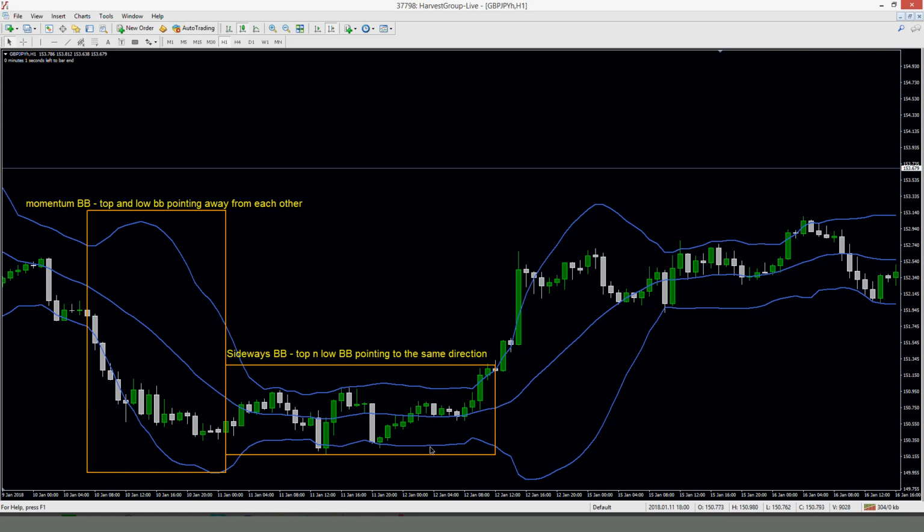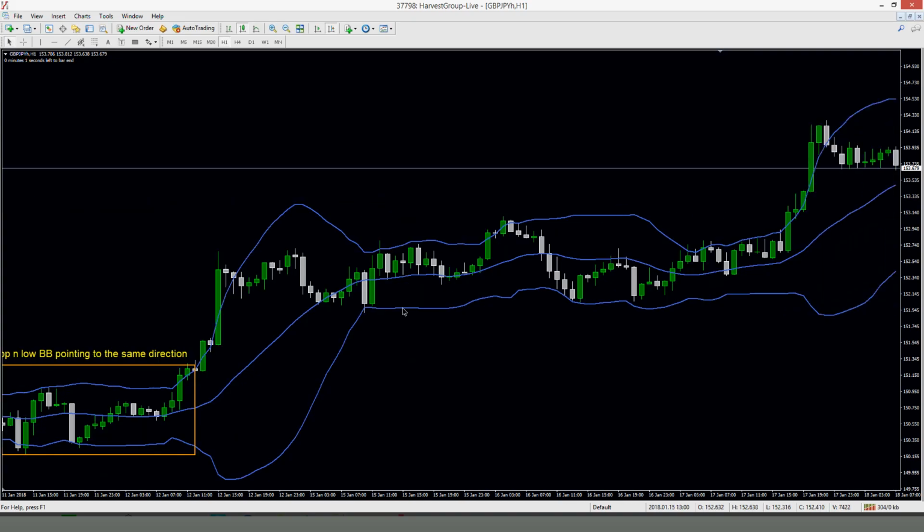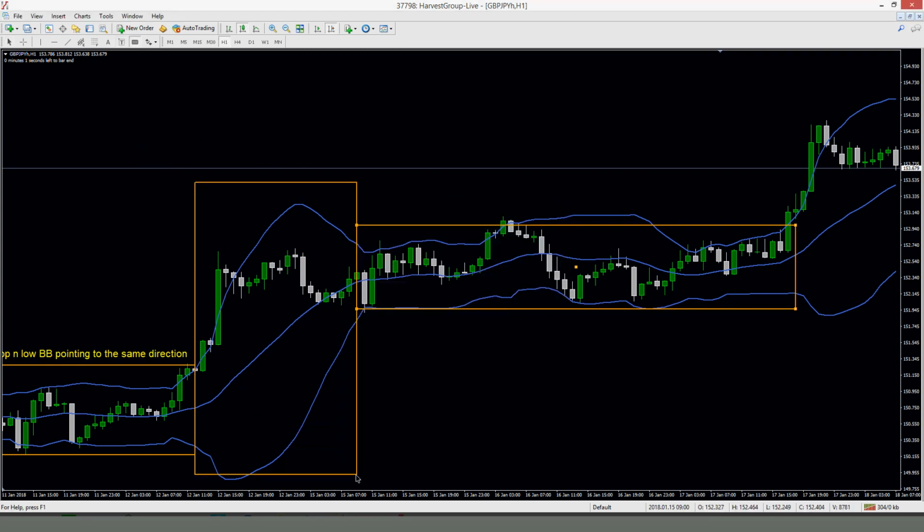So this is a sideways blinker band. Top and low are pointing roughly towards the same direction. As you can see here, there's another sideways blinker band over here, and you have another momentum blinker band over here.